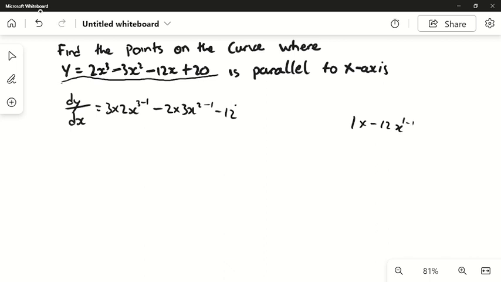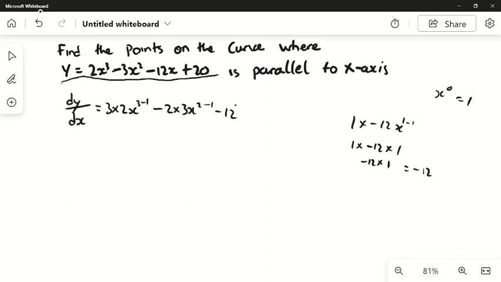In indices, x to the power 0 is equal to 1. So we now have 1 times minus 12 times 1. 1 times minus 12 is minus 12, and minus 12 times 1 is still minus 12.